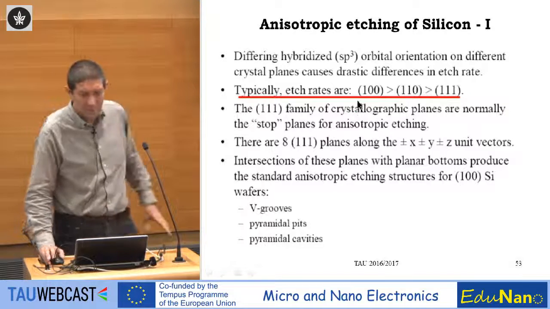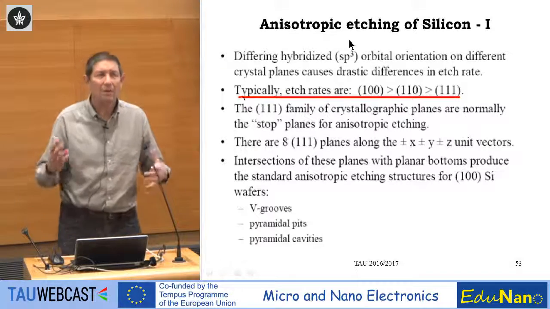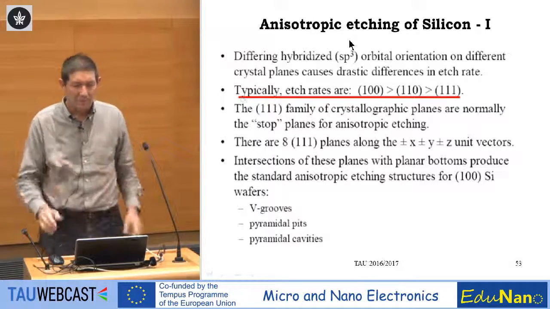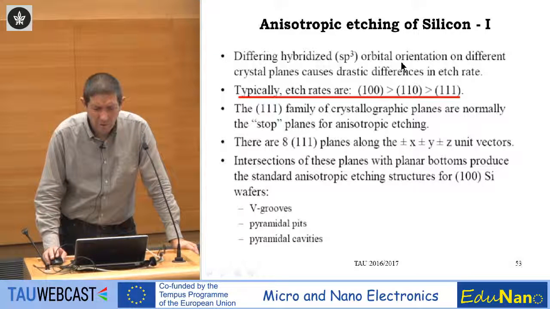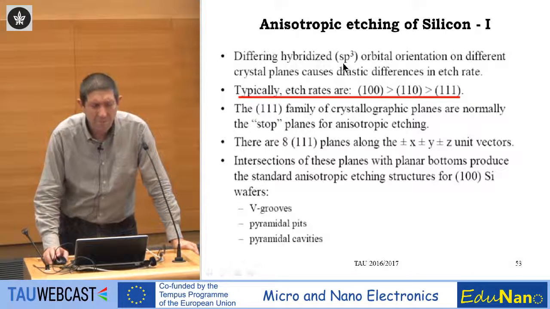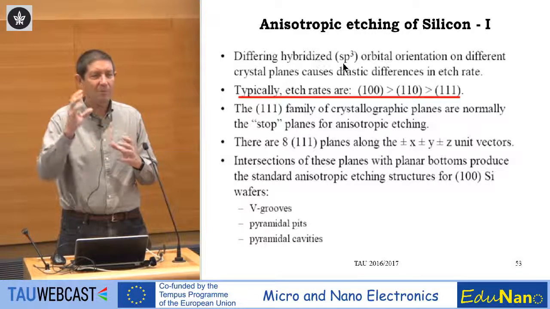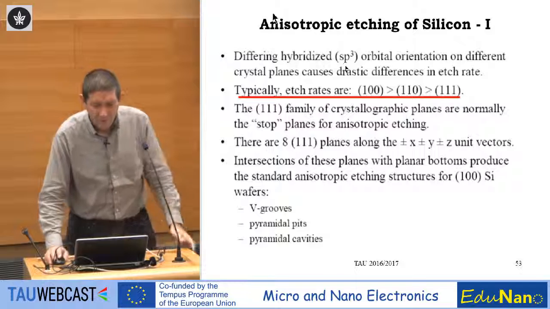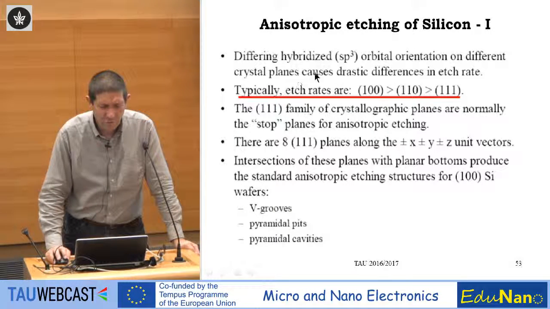in the wrong place. So if you have this diamond structure in your mind, and you have differing hybridized orbital orientation, because in a silicon structure you have the sp3 hybridization. And because of this, the orbital orientation on different crystal planes causes drastic differences in etch rate.